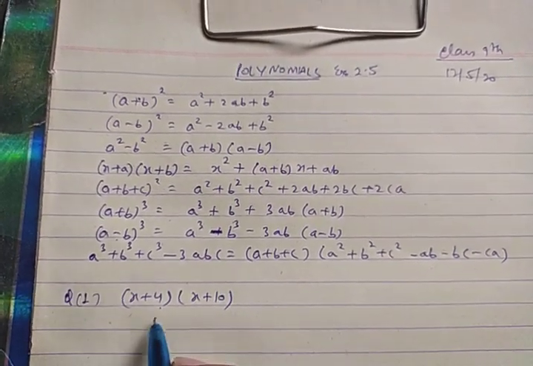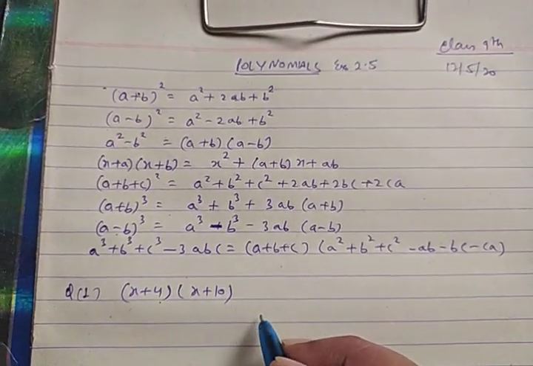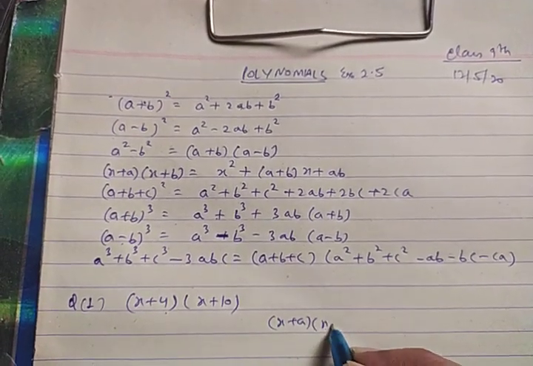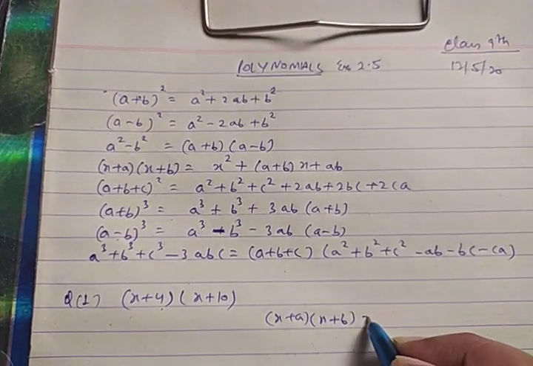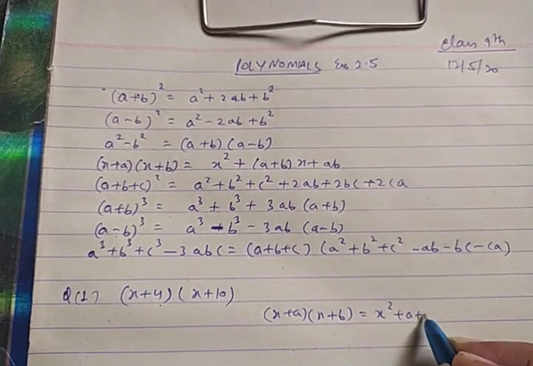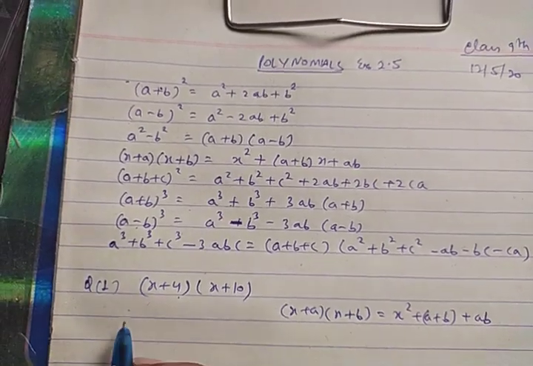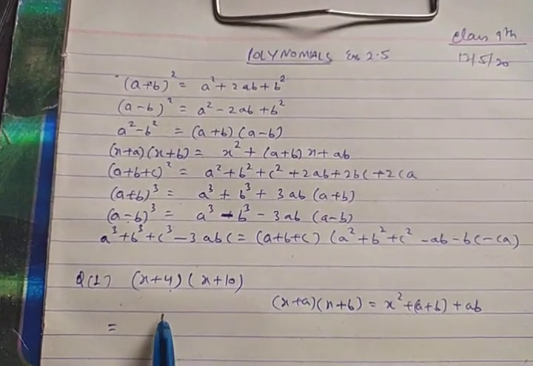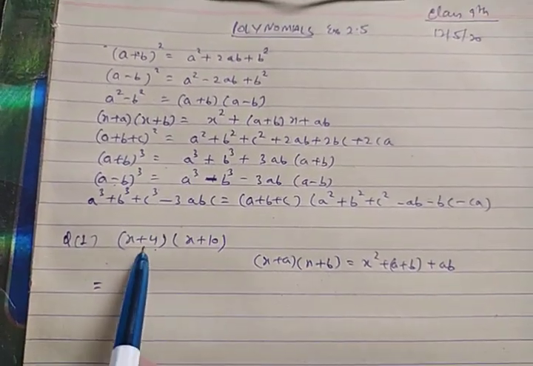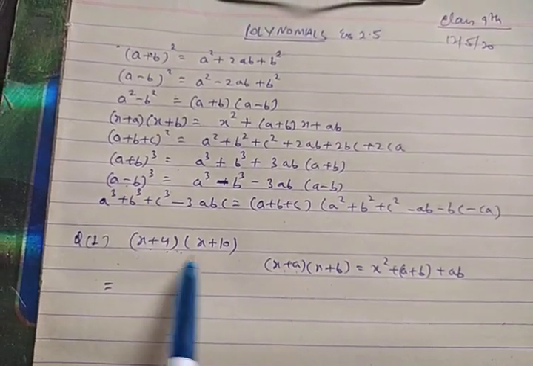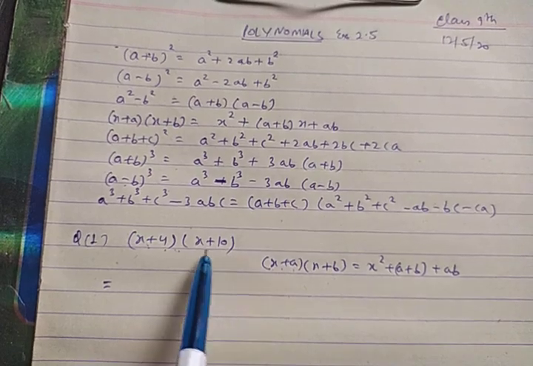Your formula is to be applied looking here: (x plus a) and (x plus b) is equal to x squared plus (a plus b)x plus ab. Now what you have to observe, you have to compare with this left side. X is looking like in both the brackets.